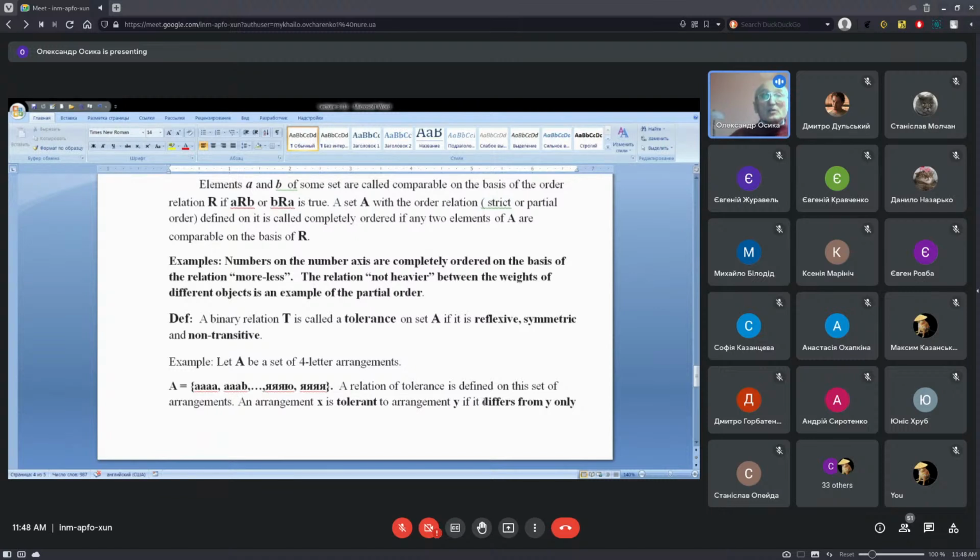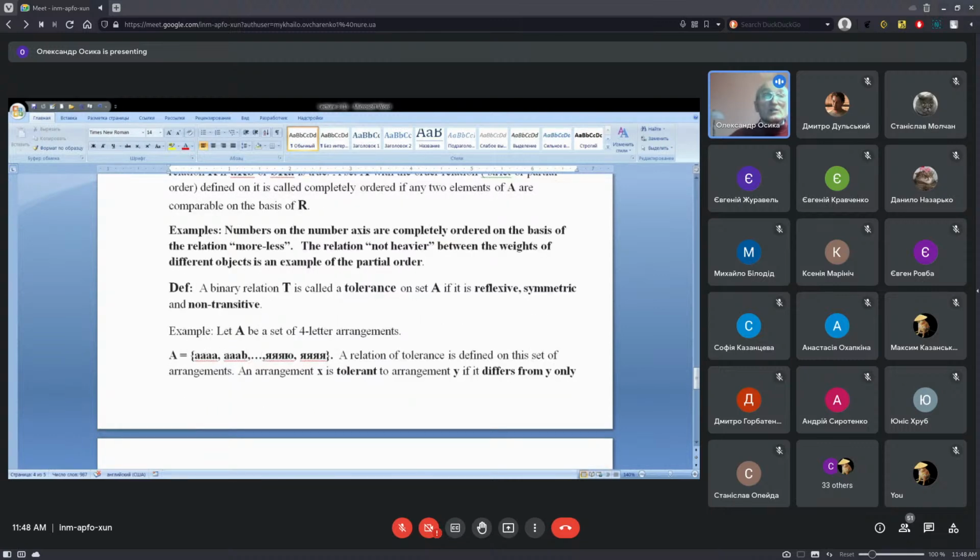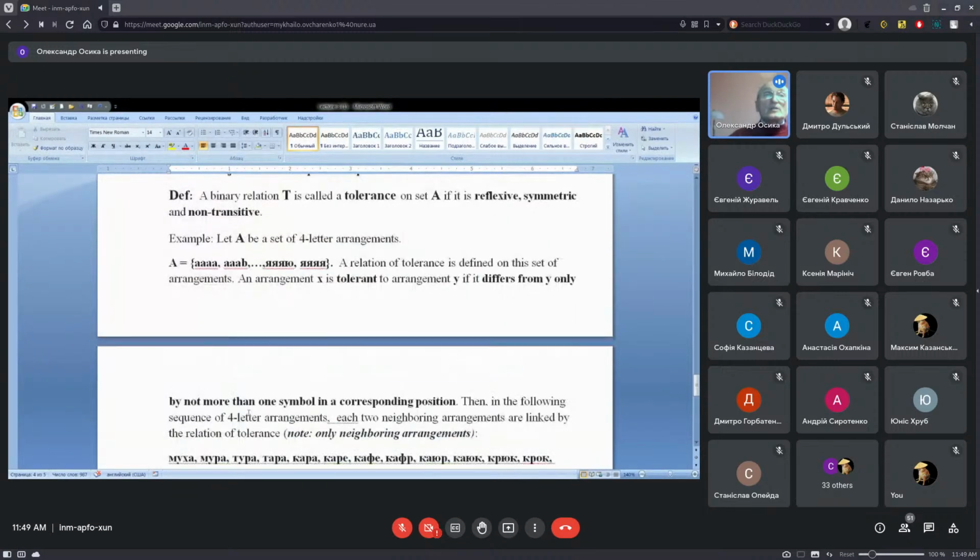A relation of tolerance is defined on the set of such arrangements. How do we define it? An arrangement X is tolerant to arrangement Y if Y differs from X only by not more than one symbol in corresponding position.